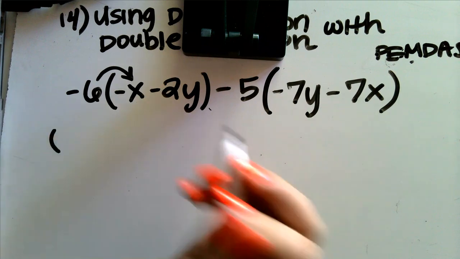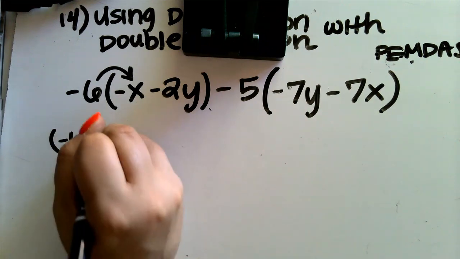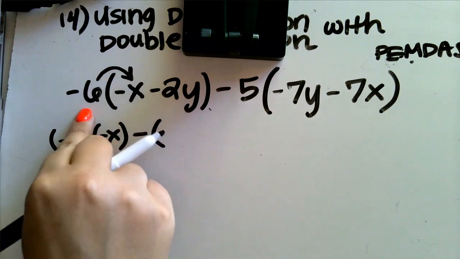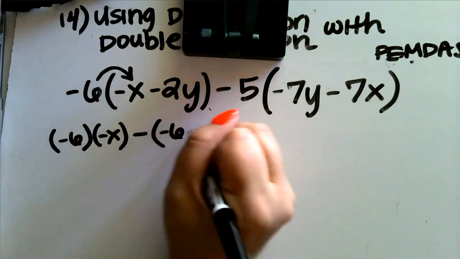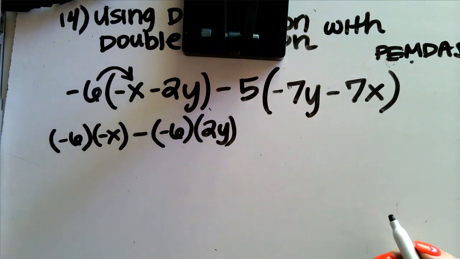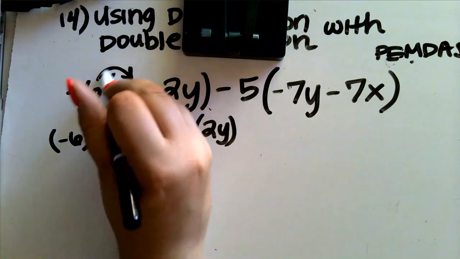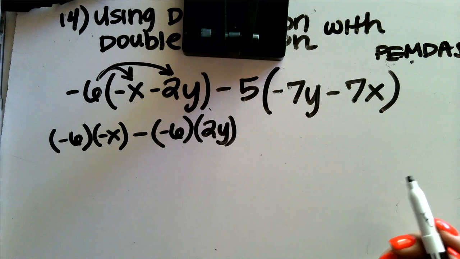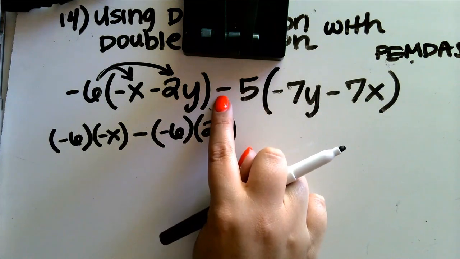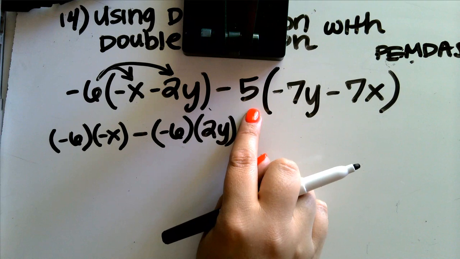So first up, we have -6 times -x minus -6 times 2y. Okay, we distributed the first set. Now, we have that pesky negative sign, subtraction sign again. So we can do a couple things here.